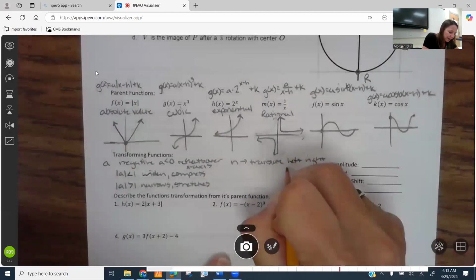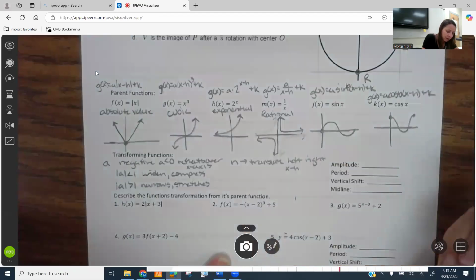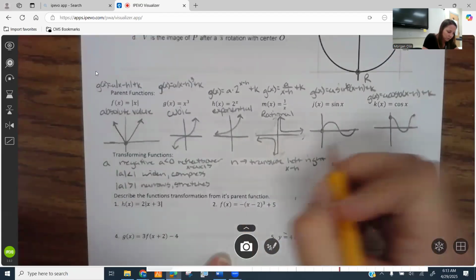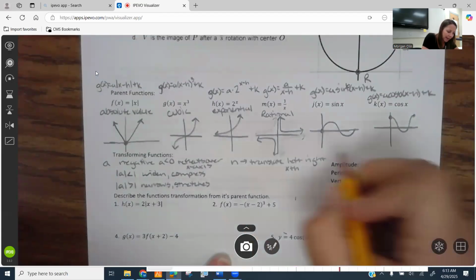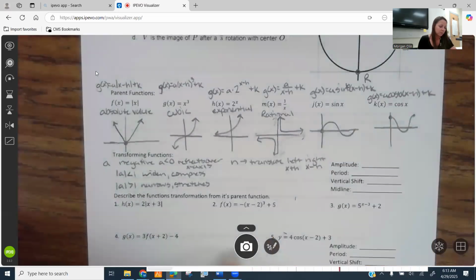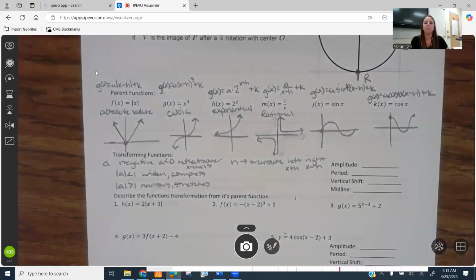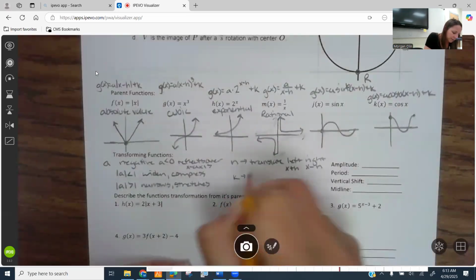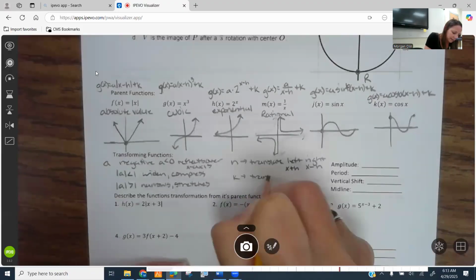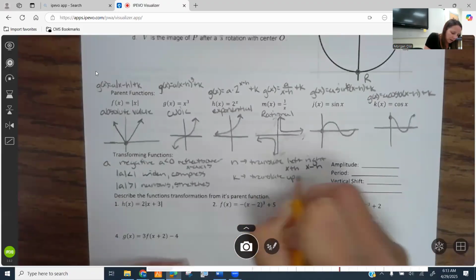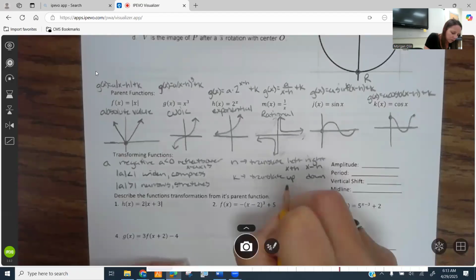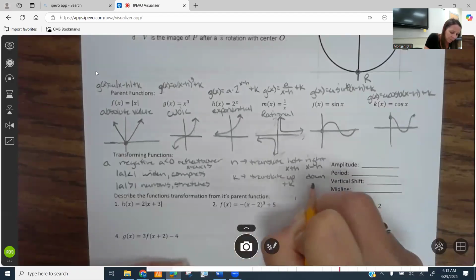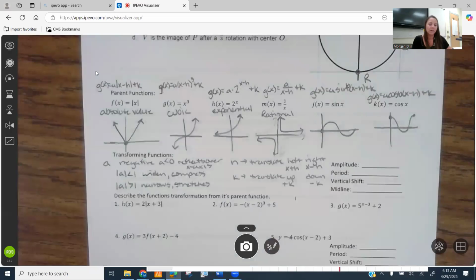So x plus h is left, and x minus h is going to be right. A lot of times when you think minus, it's going negative and it would go left, but in this case, think opposite. Now the k, don't think opposite. This is when it translates up and down. So if it's plus k, it is going up, or if it's minus k, it is going down.